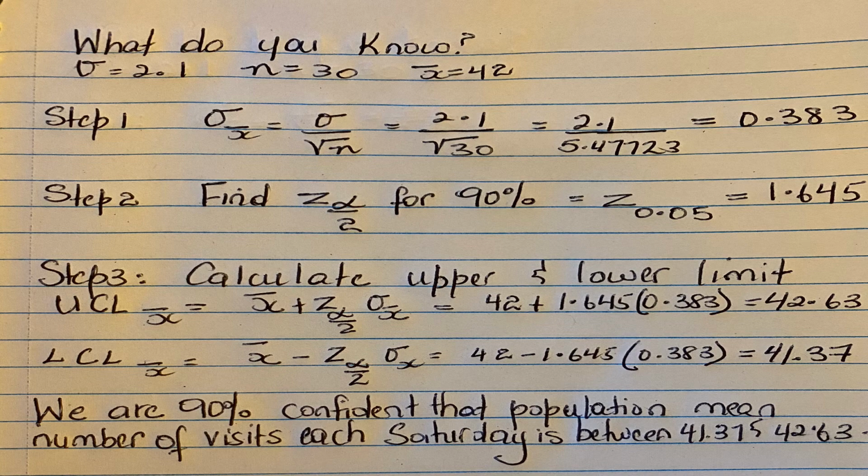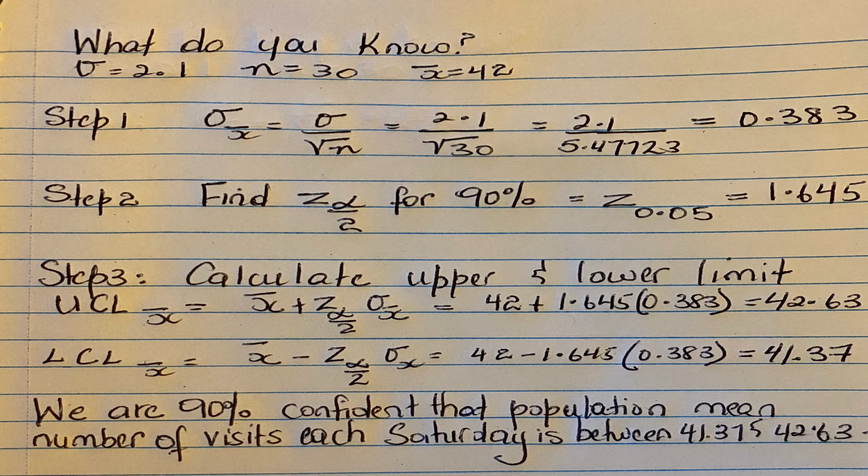Step 1. I'm calculating the standard error of the mean. I take my standard deviation and I divide it by the square root of n, which is the square root of 30. That gives me 0.383. Step 2. I find my z-critical score for 90%.